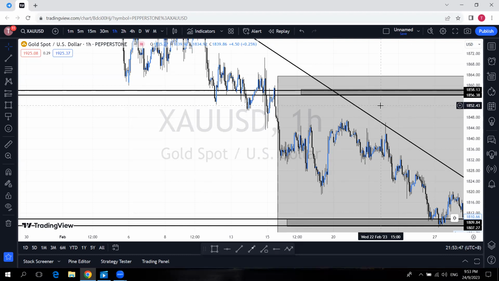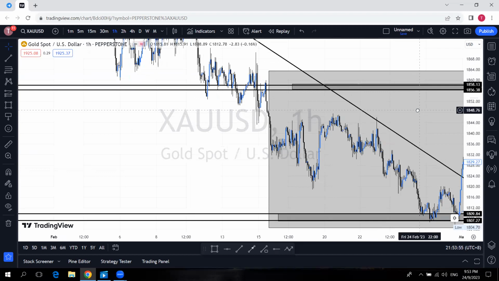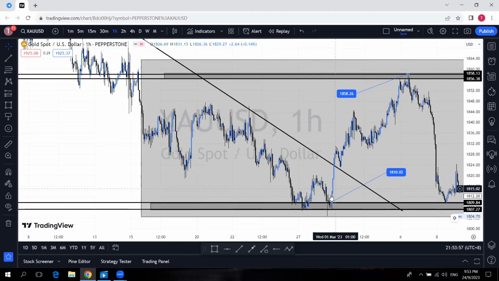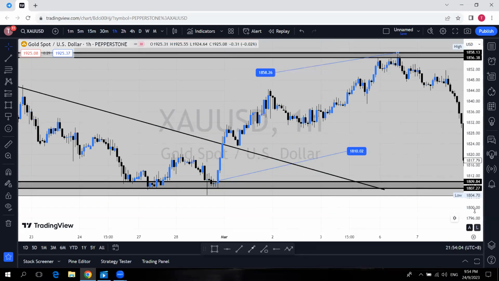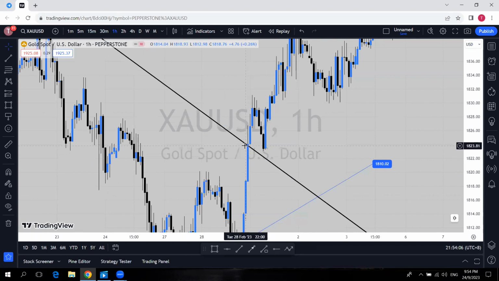What will be a good indicator for me if price goes to the upside or changes to the bullish direction? I would see that price goes to here. Once price has made a strong movement to the upside, you can notice here price has broken through our trend line.